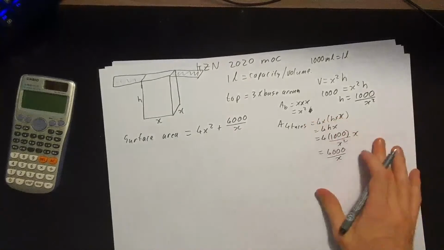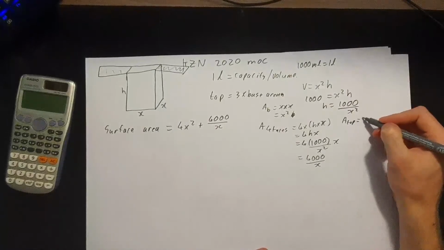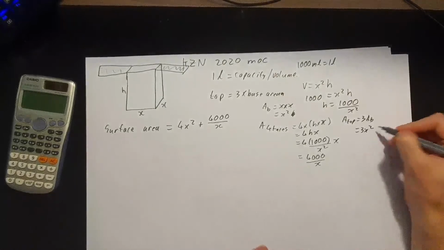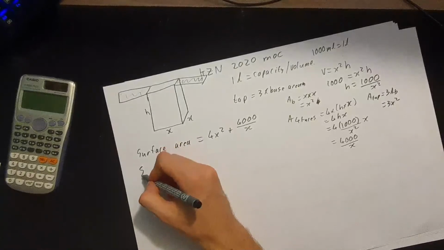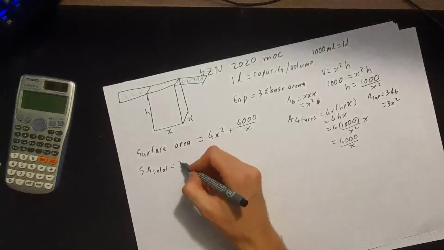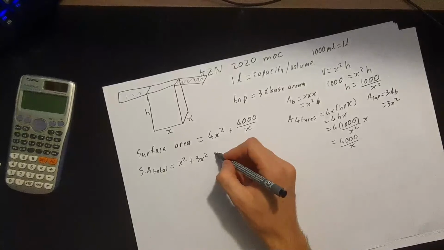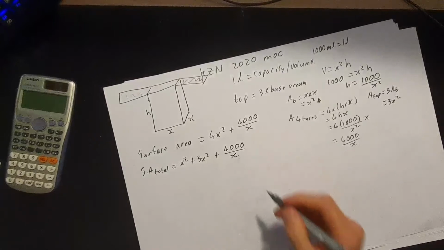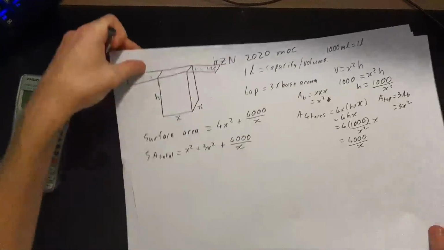So area of top equals 3 times the base, which equals 3x squared. So the total surface area is going to equal the base, x squared, plus the top, 3x squared, plus this 4,000 over x. Yes, they gave us volume. Well done on identifying that.